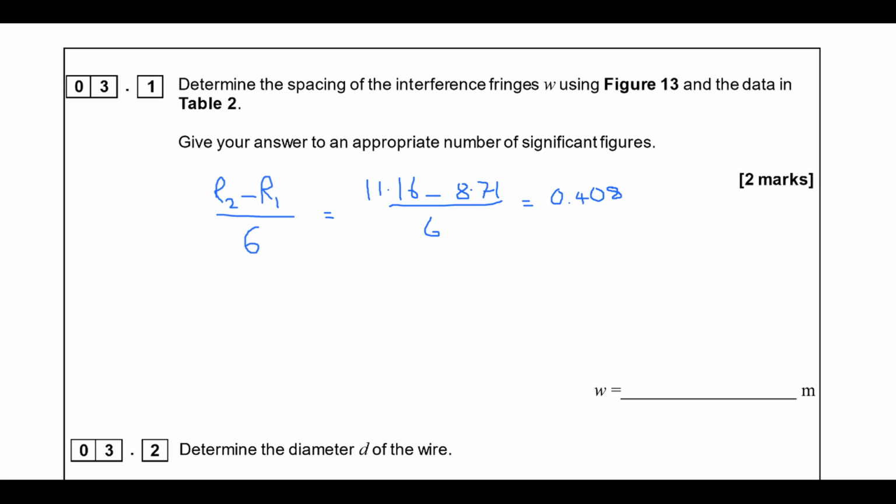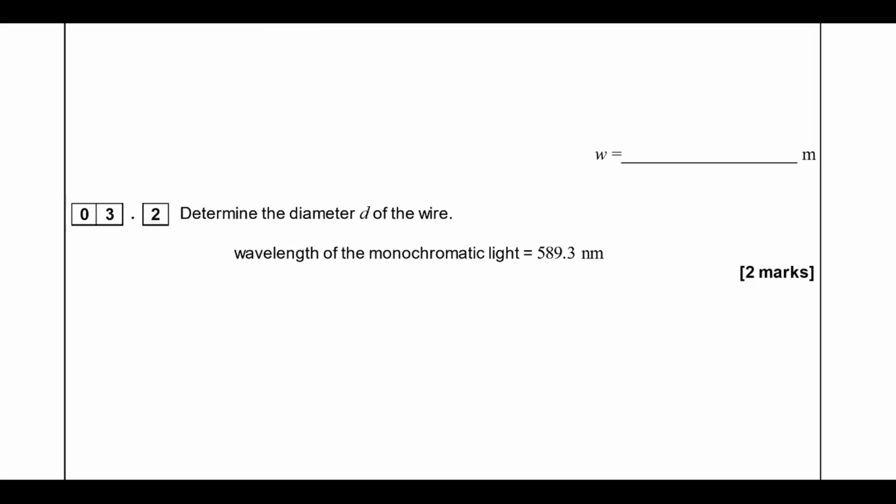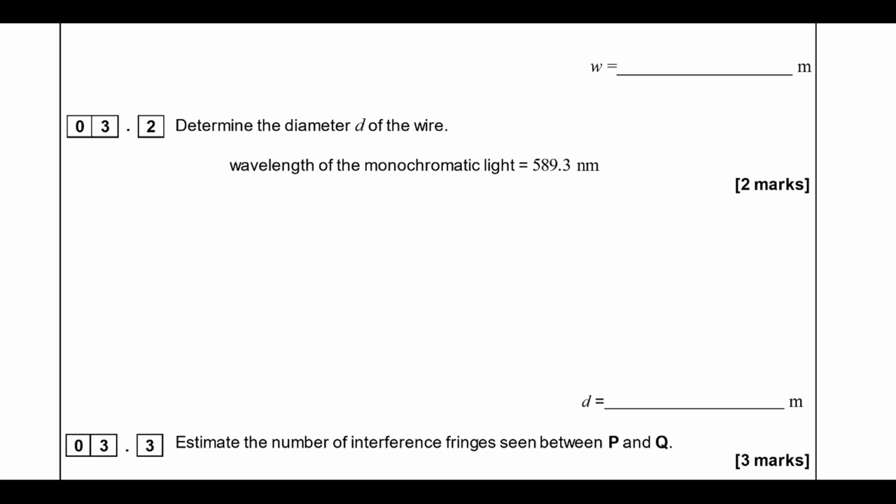That's measured in millimeters, and we're going to give that to 3 SF because the 6 is an integer, so the significant figures are determined by this one, which is 3 SF. Okay, so that's the spacing. Now determine the diameter of the wire if we've got this wavelength. You should know this equation.